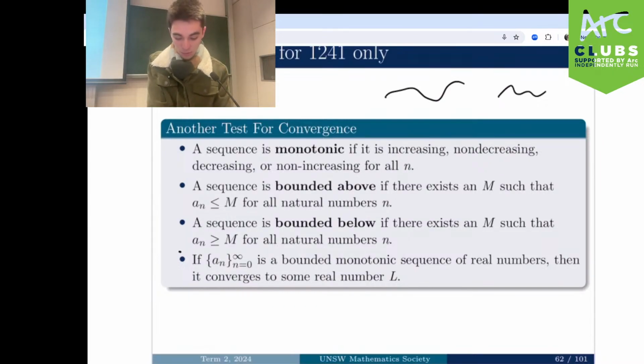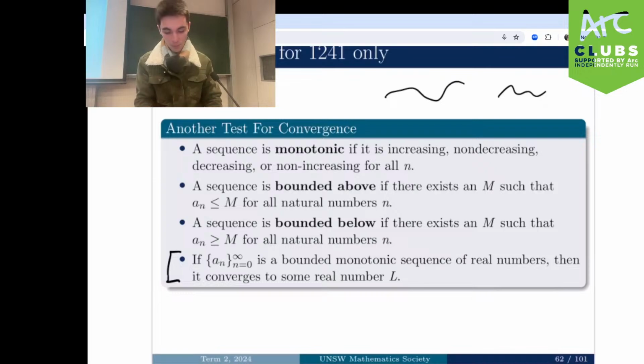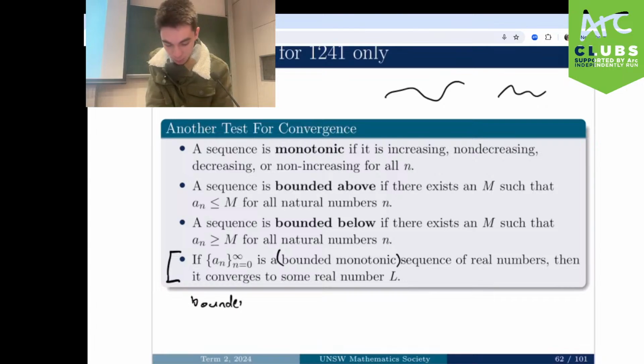And a theorem for you: if a sequence is a bounded monotonic sequence of real numbers, then it converges to some real number L, right? So this should make sense. If you're bounded and increasing, you're always moving towards this bound but you can't go past it, so you're probably going to converge to some number L. Just to clarify though, this term bounded monotonic specifically means bounded in the direction in which the sequence is moving.